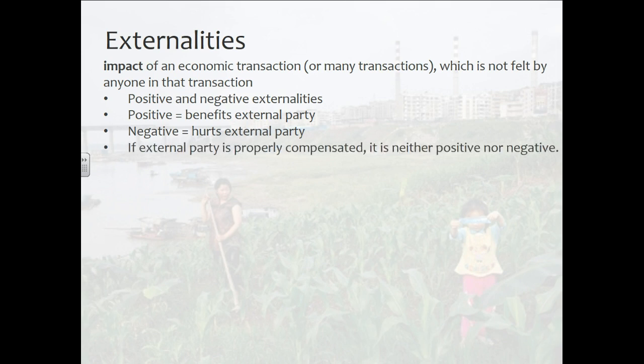Now, to make sure we're clear on this, and it gets a little tricky: if the external party is properly compensated, it is neither positive nor negative. There's a little bit of confusion out there in the literature on this, but here's how I want you to think about an externality. If it happens to someone not involved in the decision, it's an externality. If it benefits that person, it's positive.